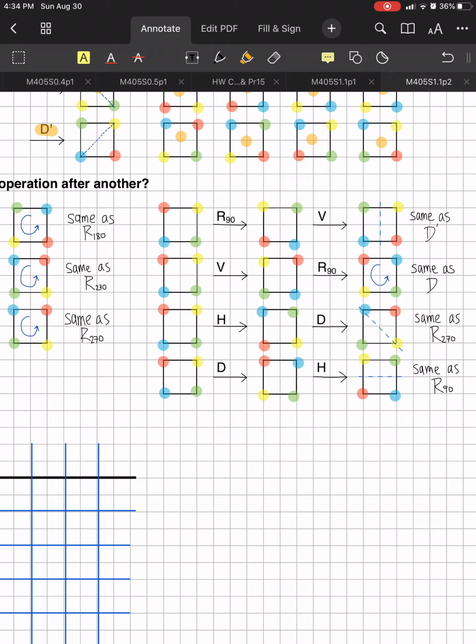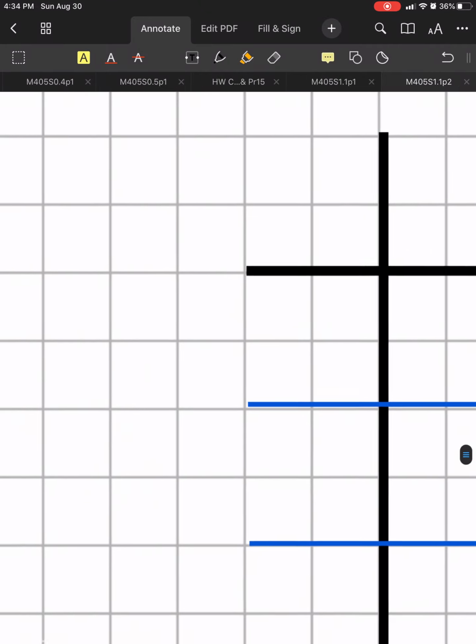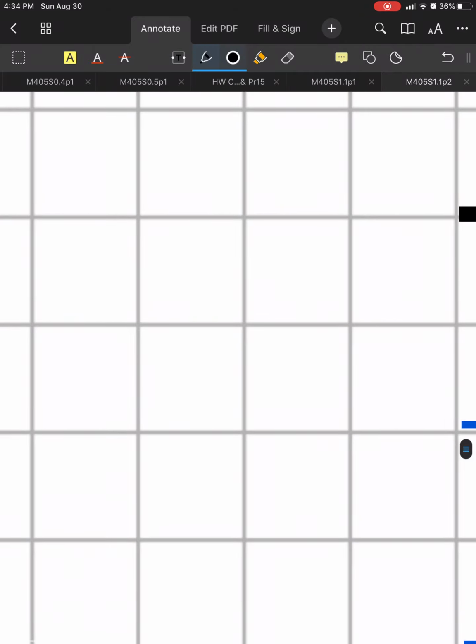One thing here you have to be a little bit careful about is what order we write these in. So, let me explain why we're doing this. Let's put a little note over here.